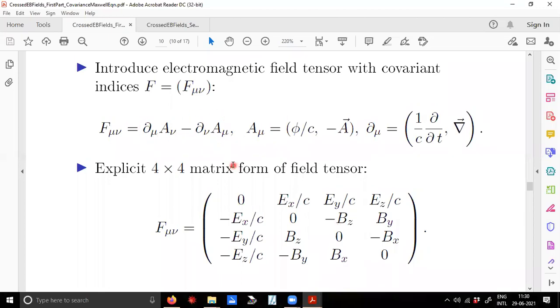Curl of A, what component? Is it plus curl of A or minus curl of A? Ma'am, I got plus. You got plus? Okay, let us work it out then.